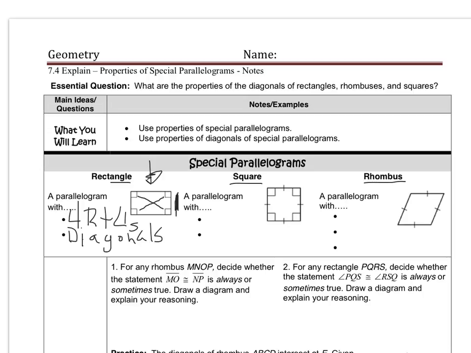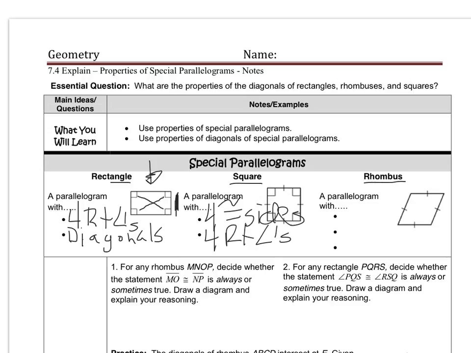The square has all the qualities that a parallelogram has, and it also has the qualities that the rectangle has. It has the four right angles and the diagonals are congruent. But in addition, it has the four congruent sides, which you guys are familiar with.